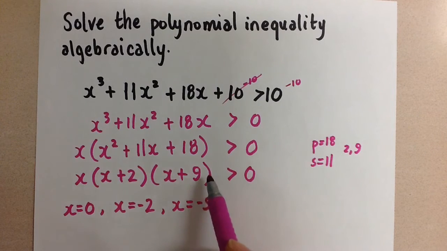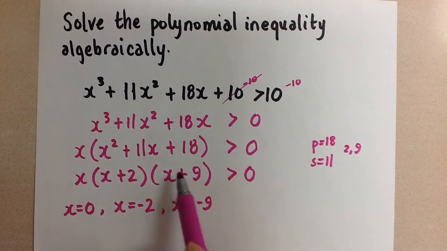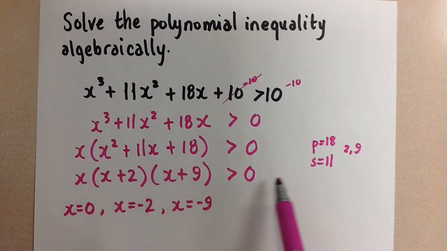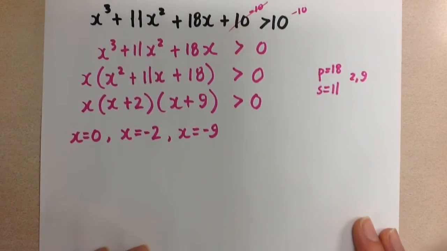We want to know, when is this polynomial greater than 0? Meaning, when is this polynomial function more than 0, or when is it positive, above the x-axis? We're going to use an interval chart and do some test points to figure out when the function is greater than 0. So when is it positive?